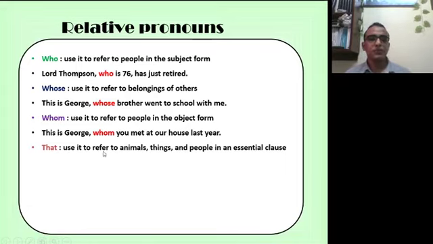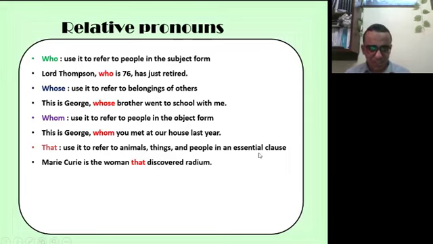That, this is important. We use it to refer to animals, things, and people in an essential clause. Focus in this like word, essential, okay? For example, Marie Curie is the woman that discovered radium.